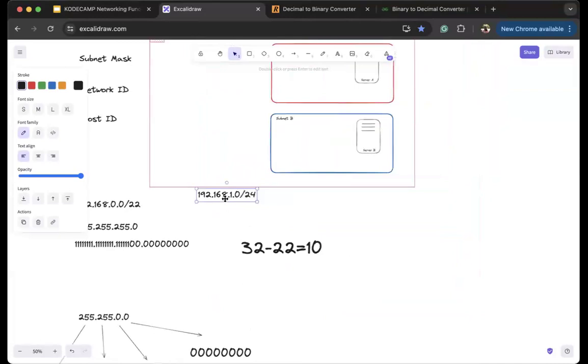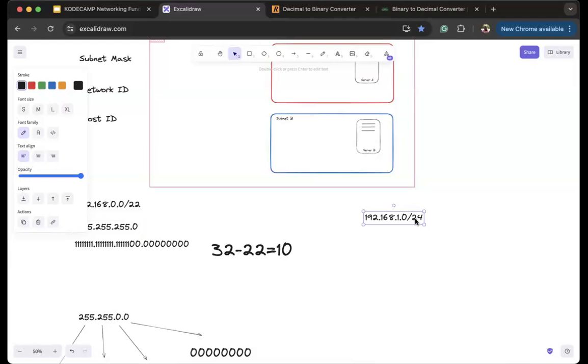Okay, CIDR notation just is a way of writing your notation without using this 255. Okay, it's a way of specifying your subnet mask using a suffix, right? This /24, slash number. How does this specify your subnet mask?